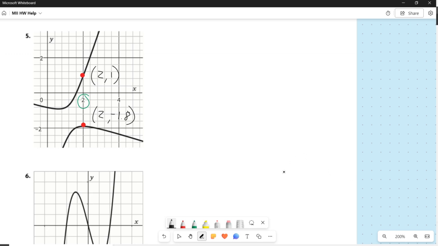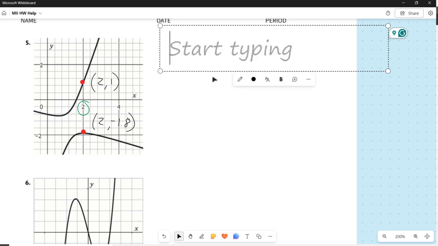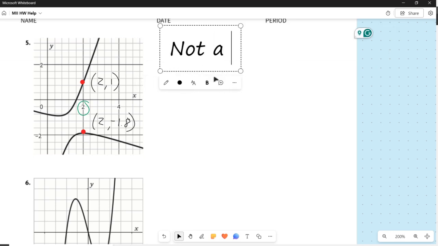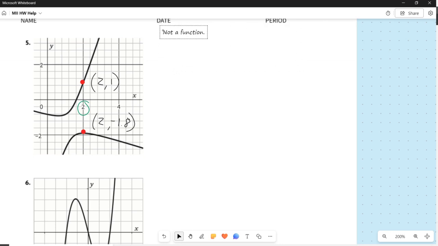So the answer for 5 is not a function. Now, because it's not a function, we're also expected to identify what we would need to do in order to make it a function.